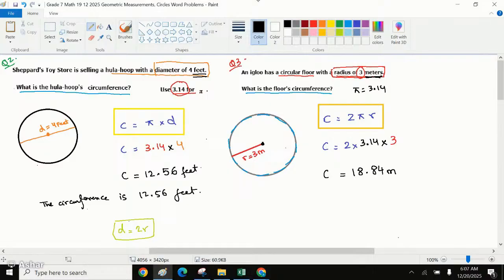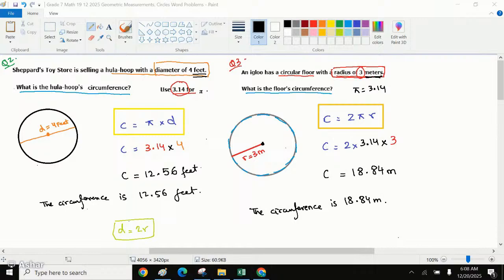So can we say the circumference is 18.84 meters. Okay, that is our final answer. Agreed. Let's look at another example and let's see what the question is asking us.